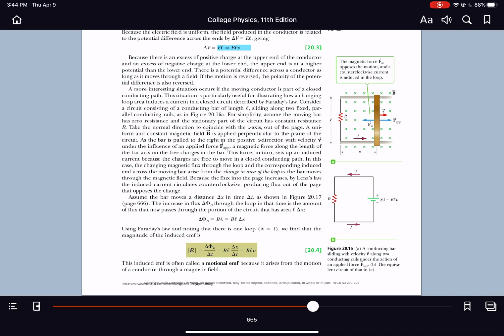As a result, the palm of your hand is pointing towards the top of the page, implying that you're going to get a current going clockwise in your loop. But as you do that, in the bar, there's going to be a pushback, a Lenz's law effect. We'll talk a little bit about that later. This is your motional EMF.